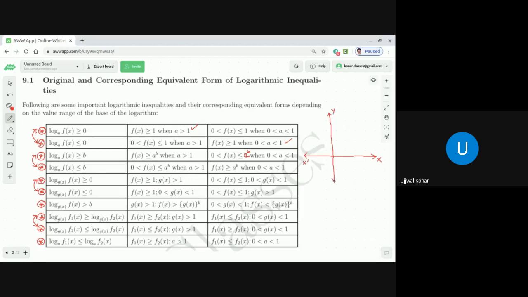This is the positive direction of the y-axis. This is the negative direction of the y-axis. This is the origin. Let me draw the curve in a different color. So the log is something like this. That is y equal to log x. There are several other corner cases with respect to the base, whether the base is in between 0 and 1 or not, whether the base is greater than 1 or not. All these things you can look into in my earlier class video lectures available.